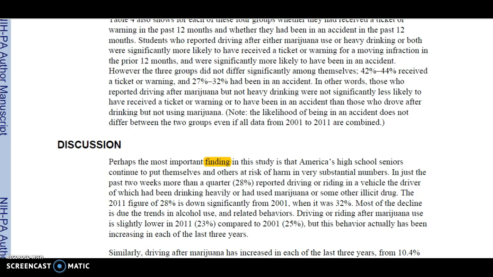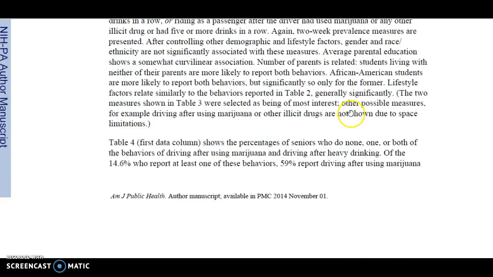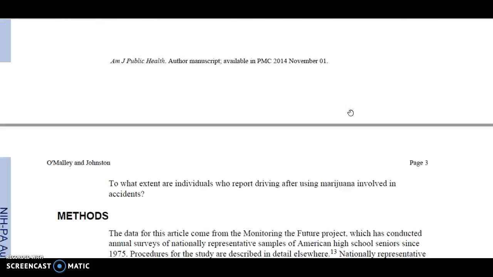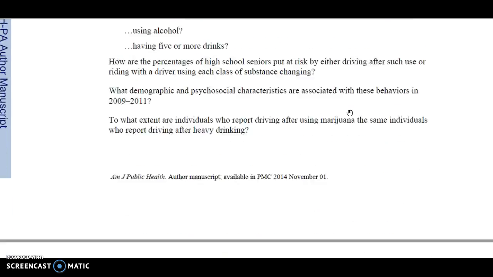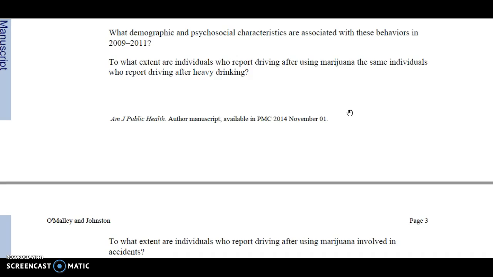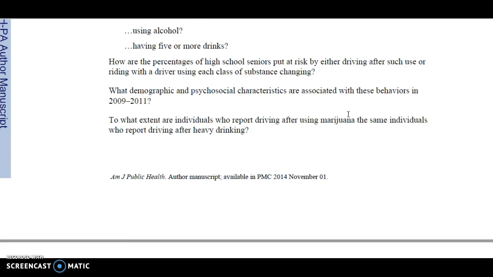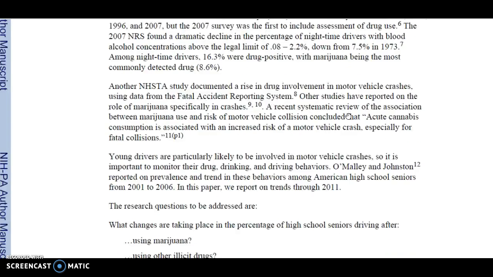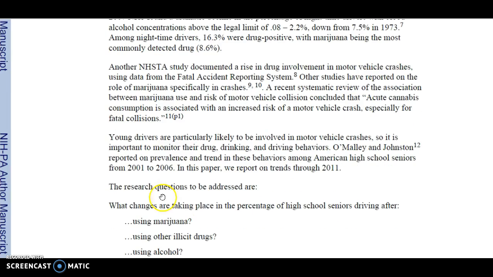The next thing that we want to look for are hypotheses. A hypothesis is if this happens, then this. Sometimes it's our research questions too. So here we can see that in this article they related to research questions.